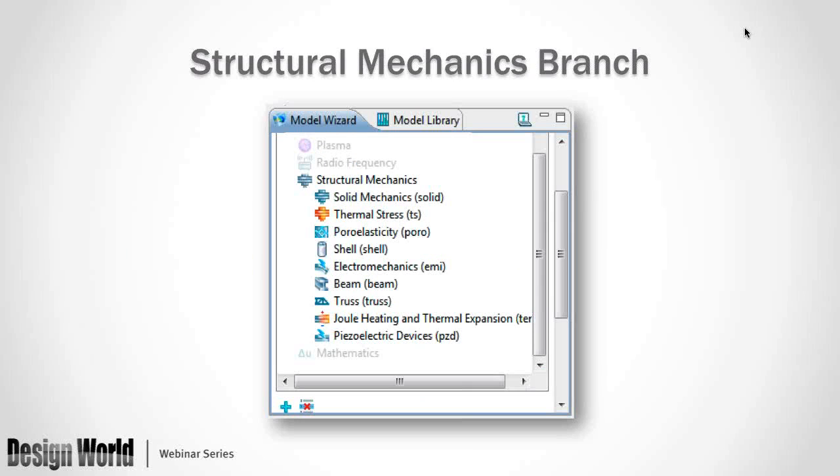For instance, thermal stress, poroelasticity for geomechanics, and we have the more traditional methods like the shell and the beam and the truss, but also electromechanics, Joule heating and thermal expansion, and piezoelectric devices.